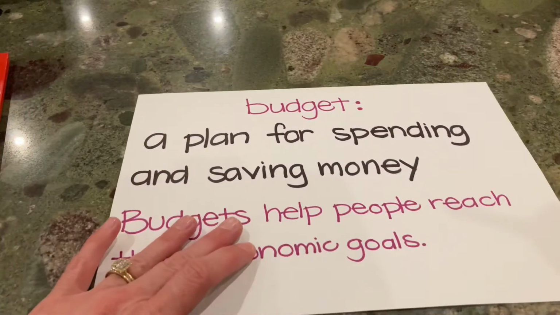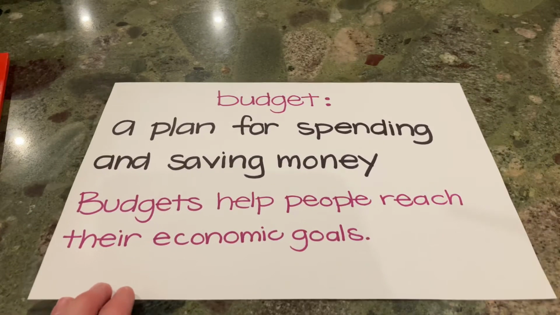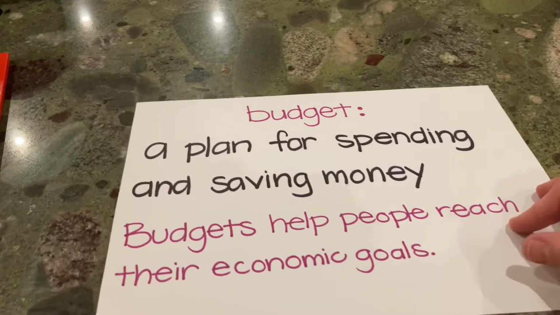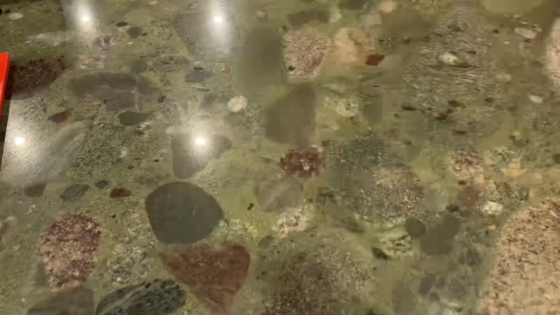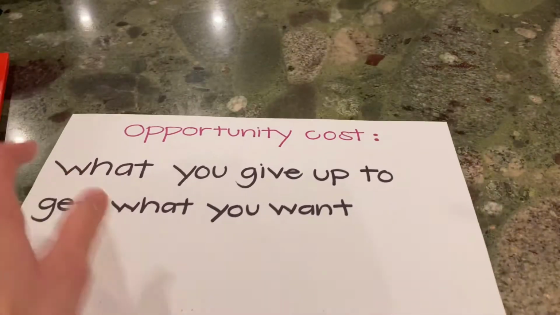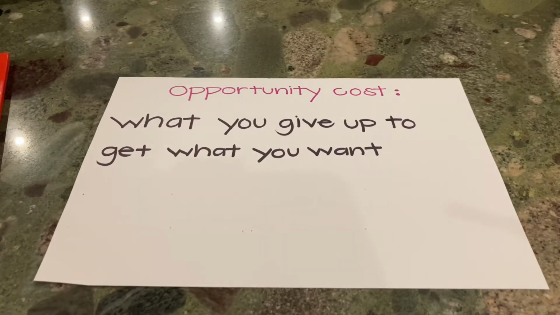Also, let's review some of the important vocabulary words. The first one is budget, a plan for spending and saving money. Remember that budgets help people reach their economic goals. The next term is opportunity cost.